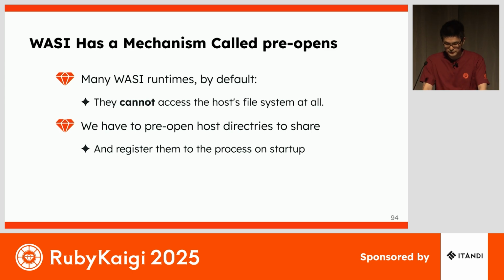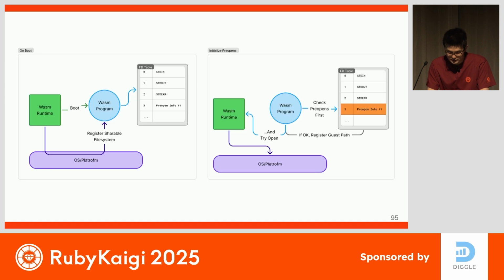Now I'll try to describe an overview of pre-opens. By default, a WASM runtime, even with WASI enabled, can't access the host environment file system at all for security reasons. When launching the WASM runtime, information about the host file system to be shared must be passed via pre-registered file descriptors 3, 4, 5.